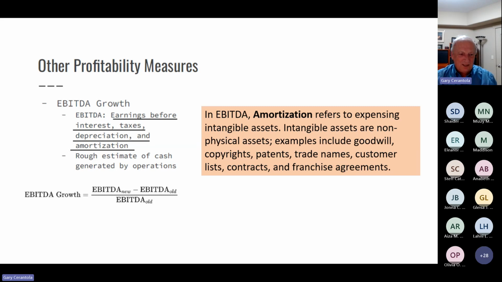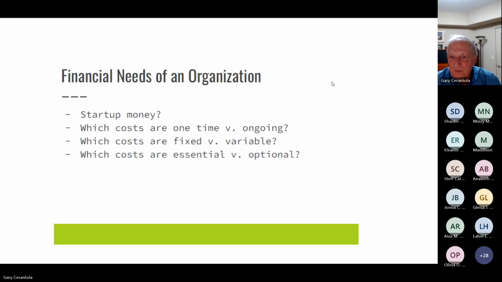Well, you don't want to deduct the whole $100,000 for the year that you put it in there. So you will amortize it over maybe 10 years. And the amortization then is you'll deduct $10,000 each year for 10 years to show a good sense of what your profit looks like. Okay, so that's what that's all about.